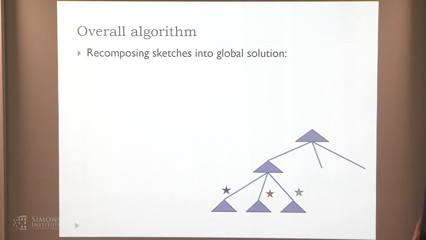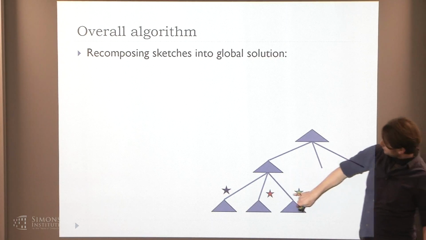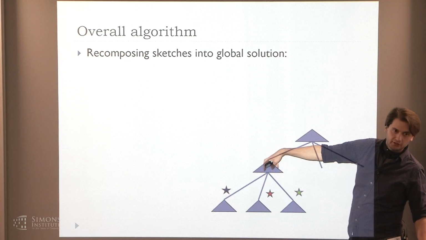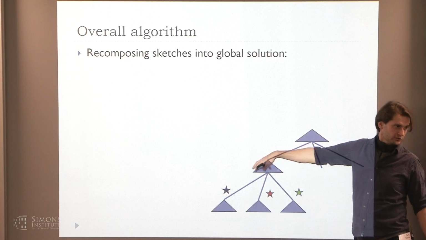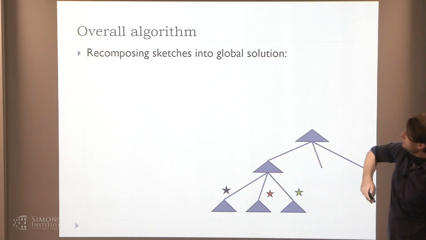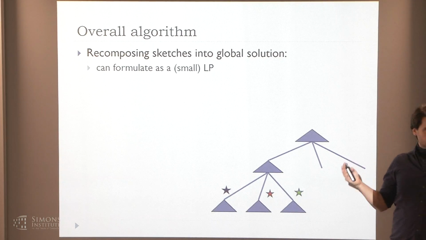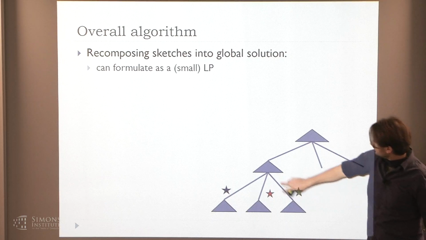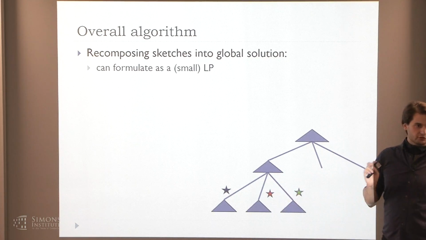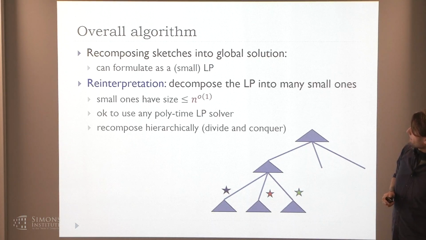Okay. So in the overall algorithm, at the next level, we need to recompose these sketches into a sketch of a solution in the combined region. It turns out that you can formulate this as a linear program. So at each of these nodes, we will be solving a small linear program.